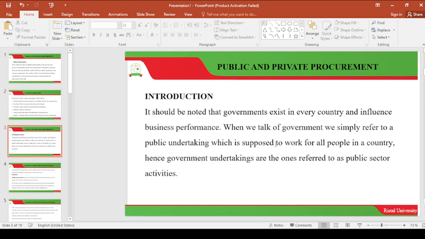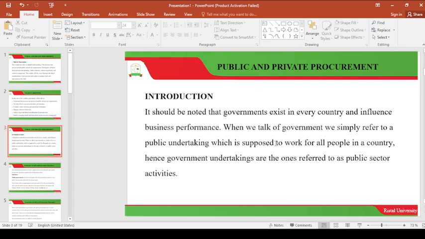In the public sector, when you need to construct roads, procurement needs to take place because you need to acquire a supplier or a vendor for this specific activity.